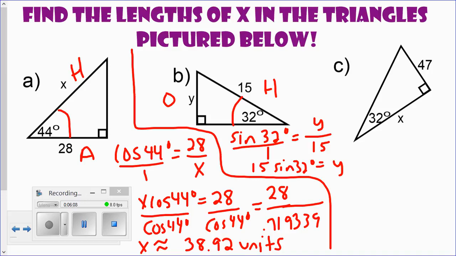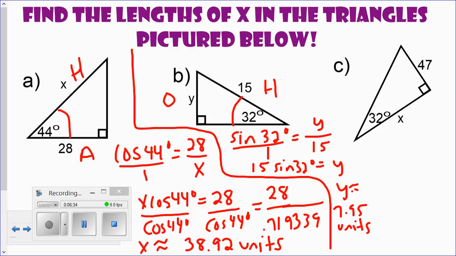So that's a nice easy one. I can just type in my calculator 15 times the sine of 32. And when I do that, I'm getting approximately 7.95 units.